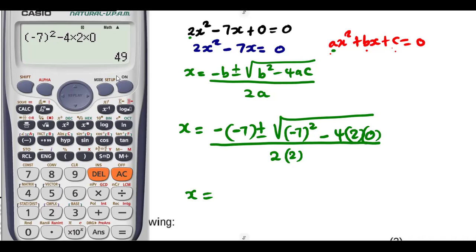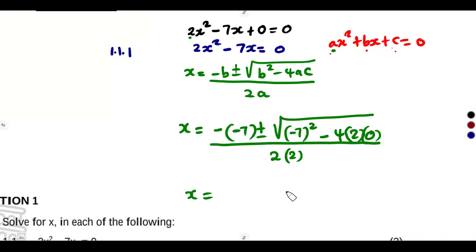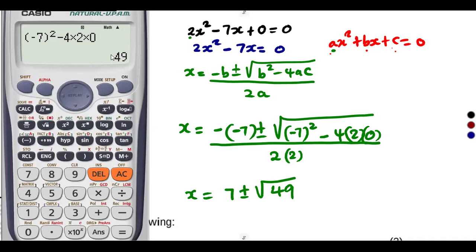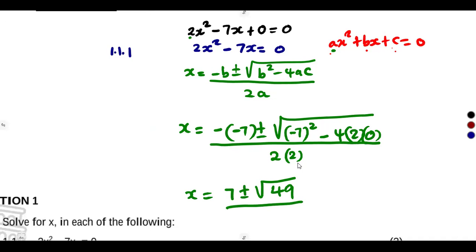That was going to give us 49. So minus, minus, that's a positive. Plus or minus the square root of 49. Remember, we got a 49 there. Everything over 2 times 2, which is 4.